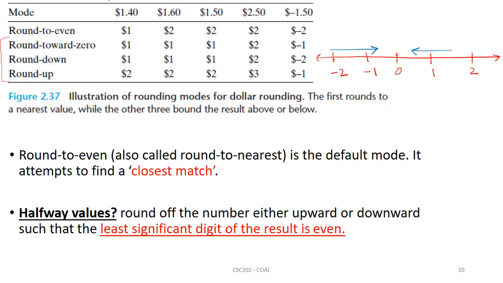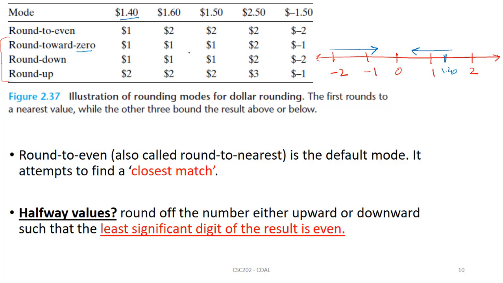So if I got 1.40, it may lie somewhere over here. This is 1.40, and if I round it, it will convert into 1, because my goal is to move toward 0.